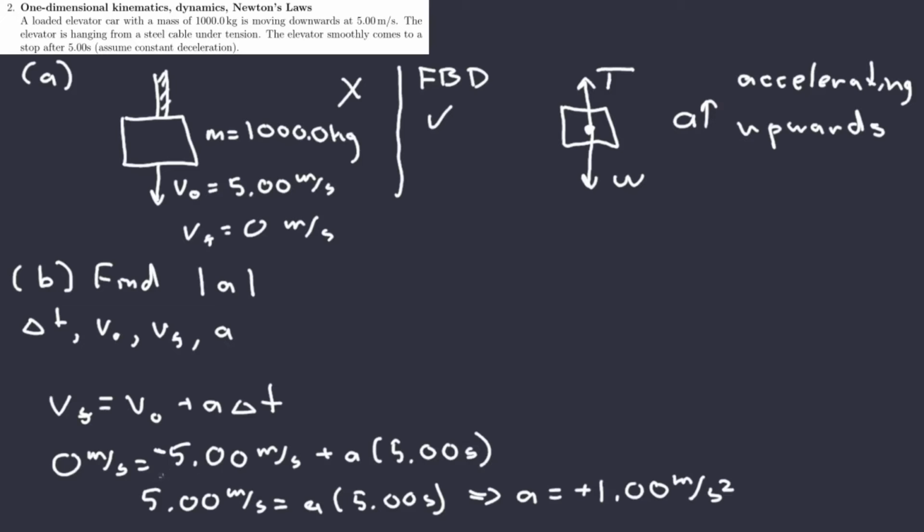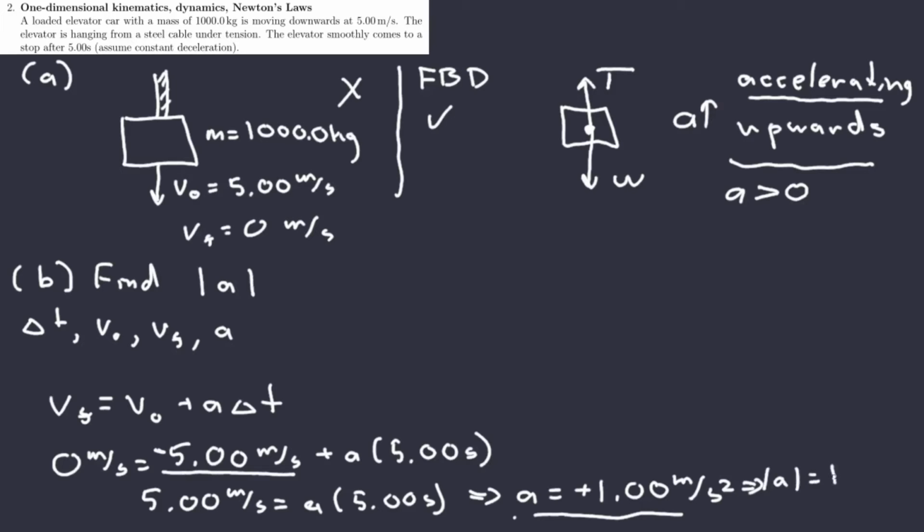So you can see if I had gotten the sign wrong on this v0, if I hadn't recognized that the v was pointing down and therefore it was a negative quantity, then I would have gotten a negative acceleration. But because I put all of my quantities in with consistent signs and consistent directions, my A comes out positive, which is what we described before in our diagram. We're accelerating upward, so A is positive. We're asked to find the magnitude of A, but since A is already positive, this is the same number. 1 meter per second squared.